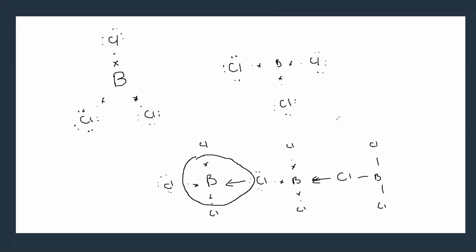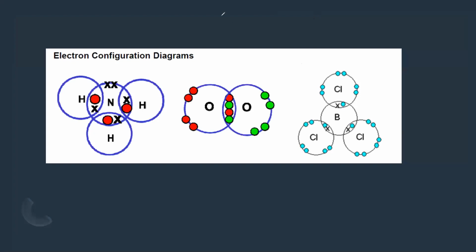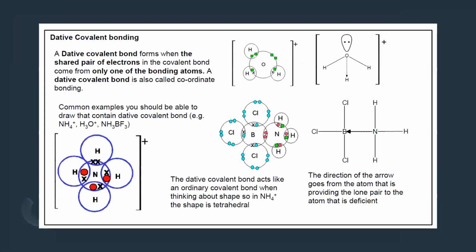So that was the formation of dative bonding in boron trichloride. The previous one was hydroxonium, and the first one was the ammonium ion. A dative covalent bond is formed when the shared pair of electrons comes from only one of the bonding atoms.